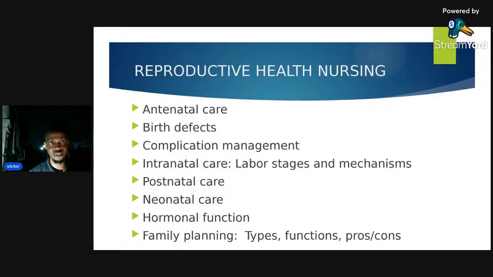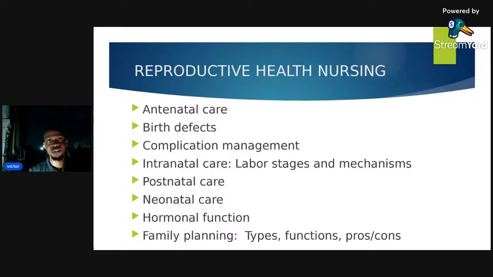You will insert it into the vagina. So this barrier method is not really effective. That is why you have to combine it. They do combine it with either hormonal, which is the pill, or you combine it with spermicide. That is a substance that is injurious to the sperm, so they destroy the sperm cells. So you usually combine them together, the barrier and the spermicide, or barrier and hormonal pills.